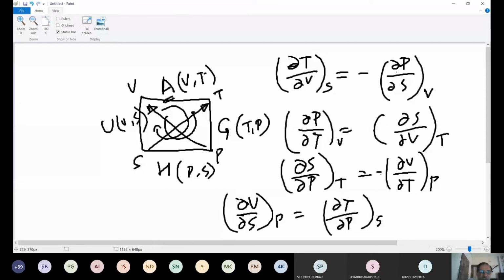Starting with A, you have V and T, and opposite S and P. We start with U, we have V and S, and opposite T and P. If you take H, S and P, and opposite V and T. If taken from G, T and P, opposite V and S. So either way doesn't really matter because you are taking opposite sides, right? U goes with G, A goes with H. So whether I go clockwise or counterclockwise, I will get the same equations.